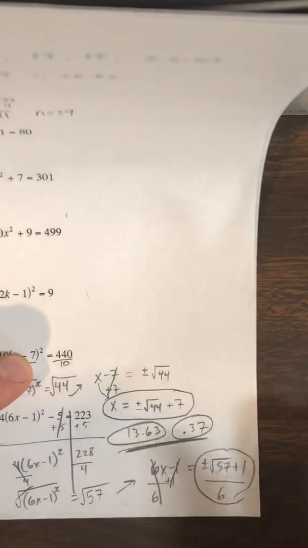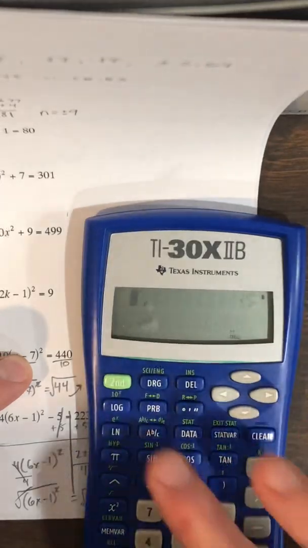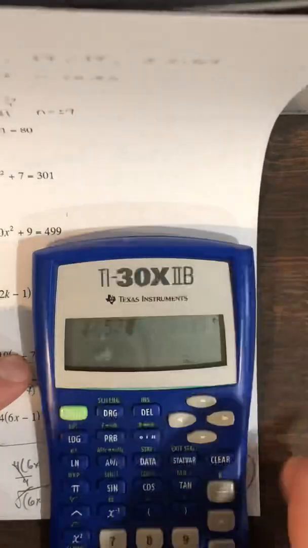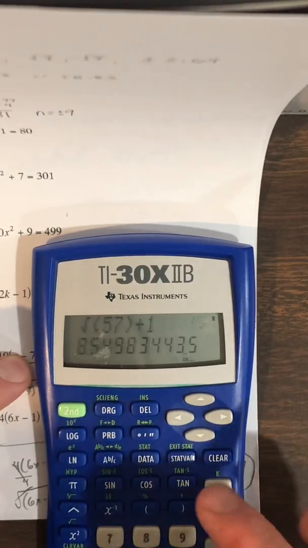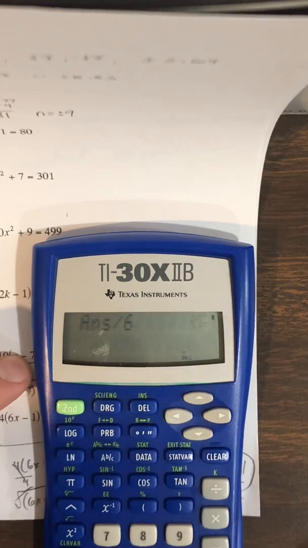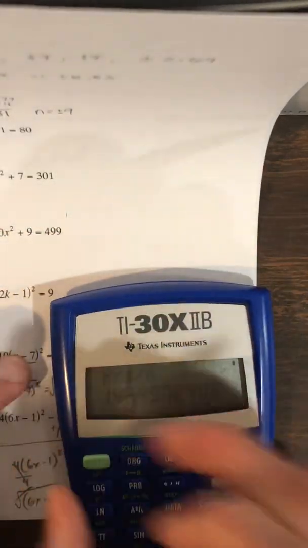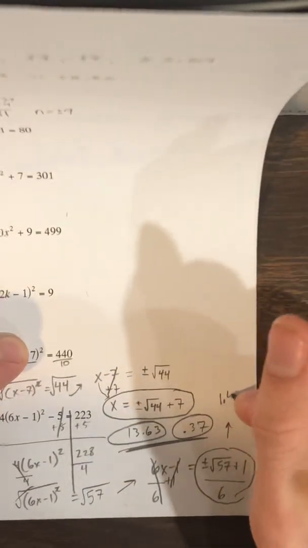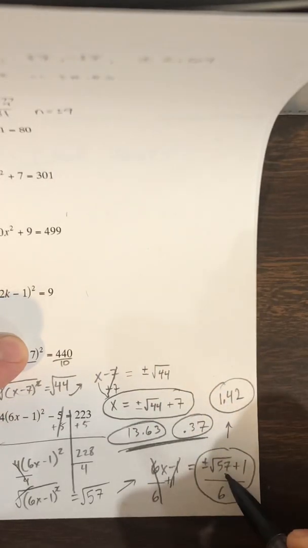I mean, you could put it in a calculator. Certainly, if you want to, you can do the square root of 57 plus 1, and then divide that by 6. And that gives you 1.42. Sorry, my calculator screen is messy. So this is 1.42, and then you would do the same thing again with the negative square root 57.